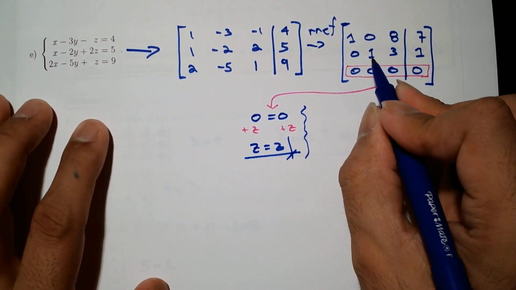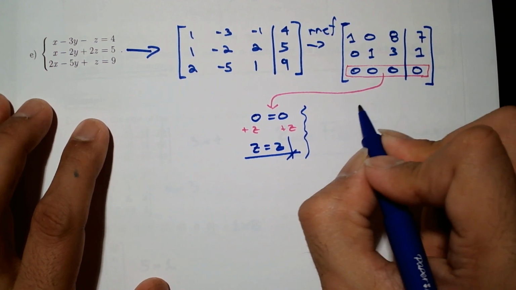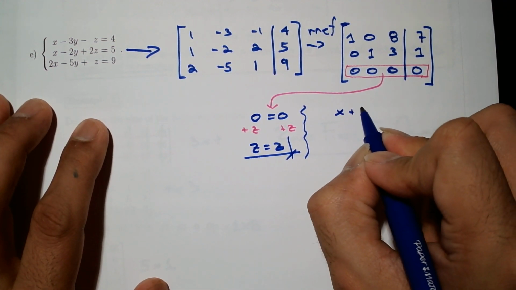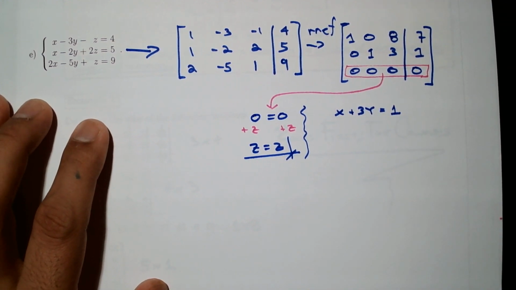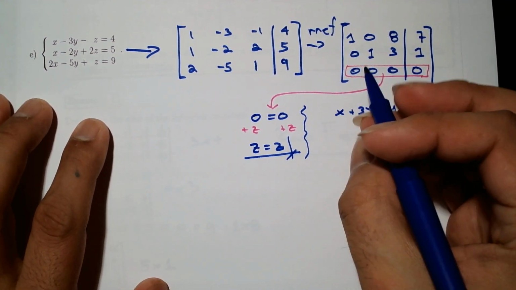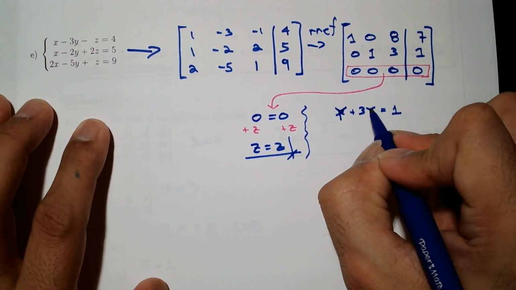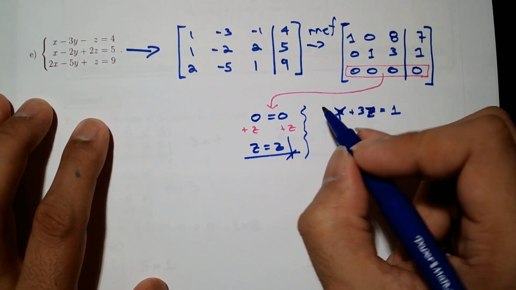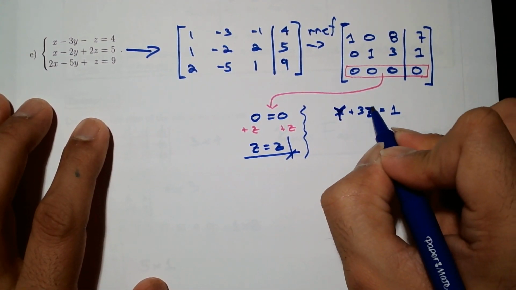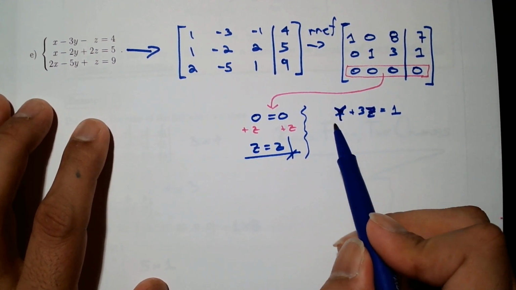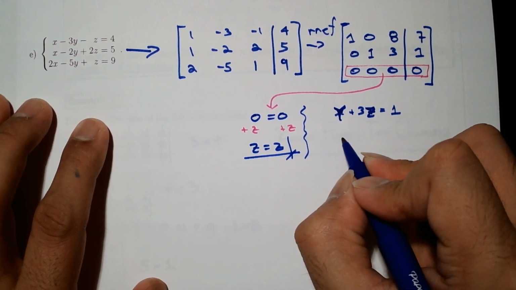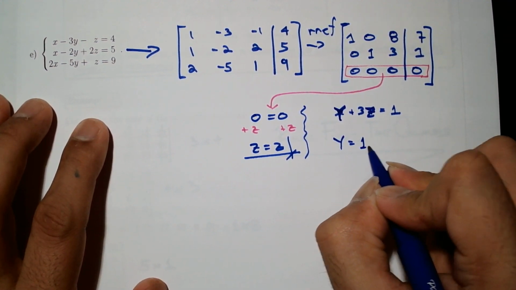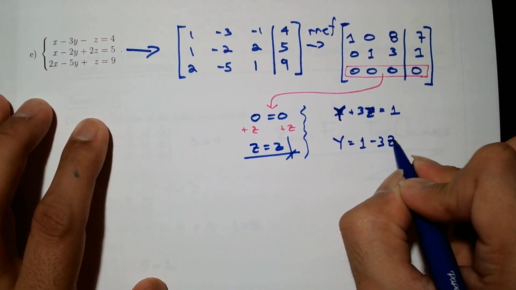I'm going to have x plus 3y equals 1. Okay, not x plus y, it's actually y plus 3z equals 1. In this case, I'm going to solve for y. So y equals 1 minus 3z.